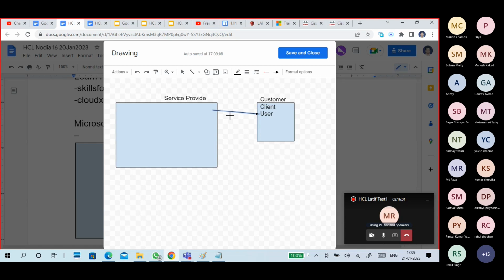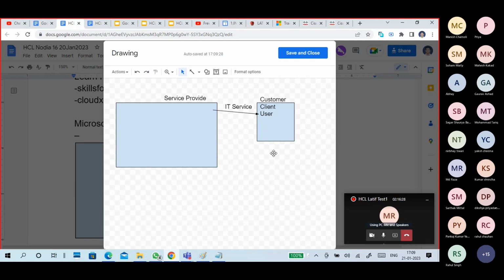Now the service is, for example, related to web services, or cloud services, or database services, or internet services. So the customer is getting a service.